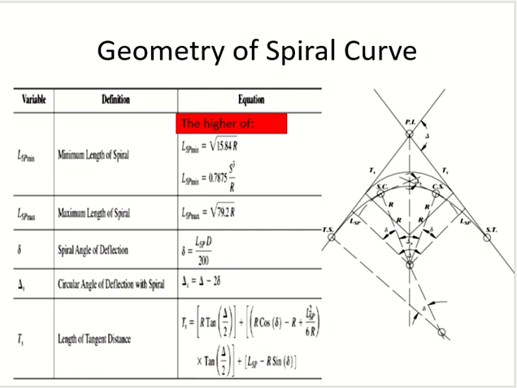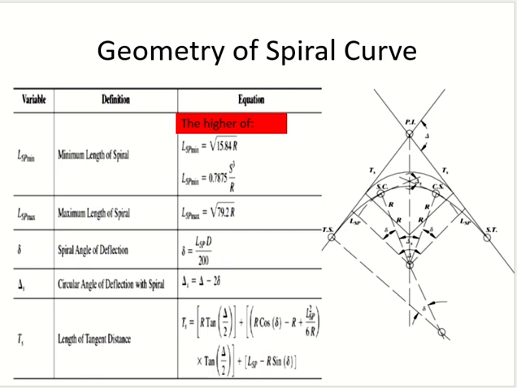First point of the first spiral, tangent to spiral. Last point of the first spiral, spiral to circular curve. First point of the second spiral, circular to spiral. Last point of the last spiral, spiral to tangent. PI, the intersection point.